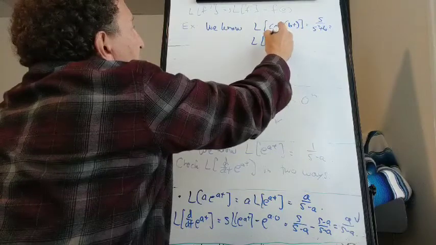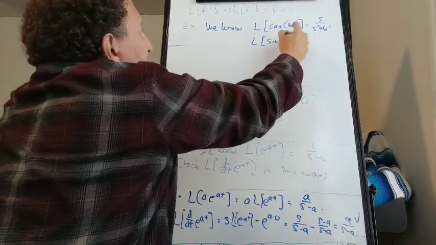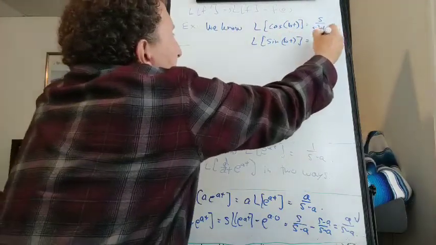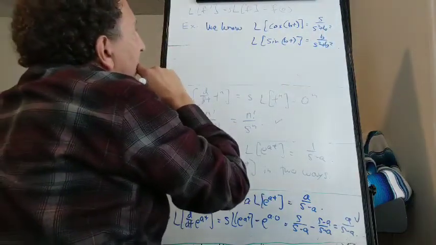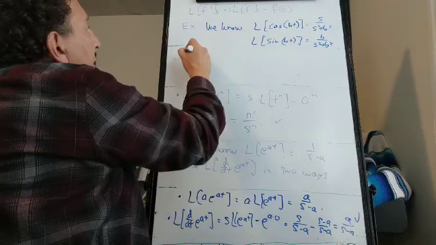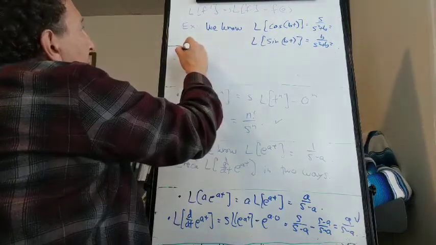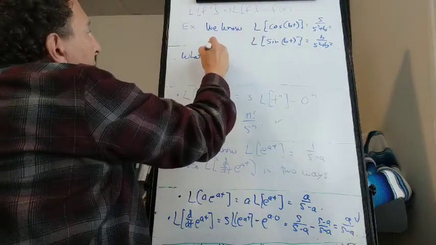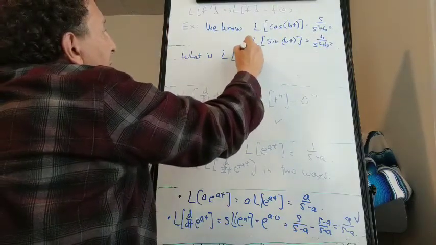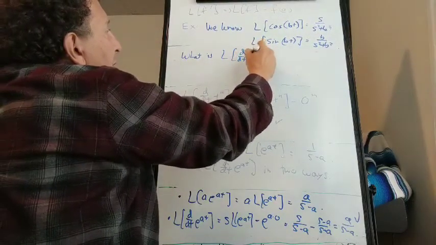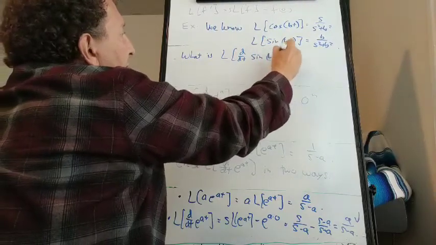And the Laplace transform of sine of bt is b over s squared plus b squared. So what's the Laplace transform of the derivative of sine of bt?